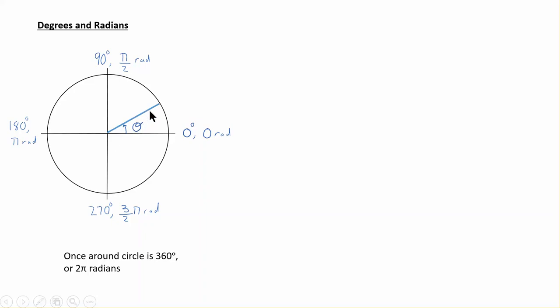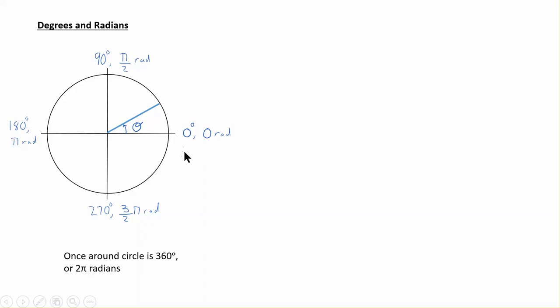If this blue line swings around and comes all the way down, so it's here, then this would be 270 degrees, or 3 halves pi radians. And finally, if I swing it all the way around, I'm at 360 degrees, which is the same thing as 0 degrees, or 2 pi radians.